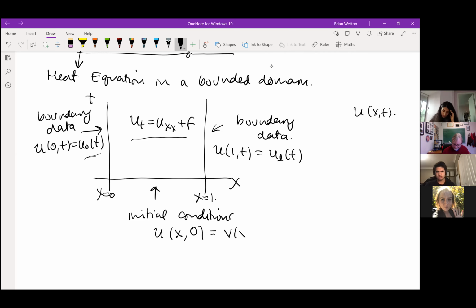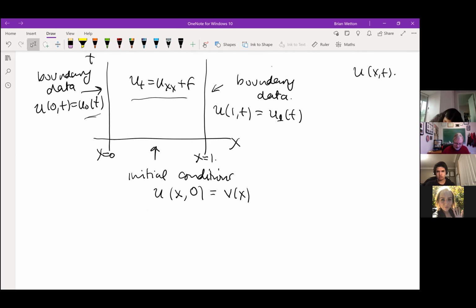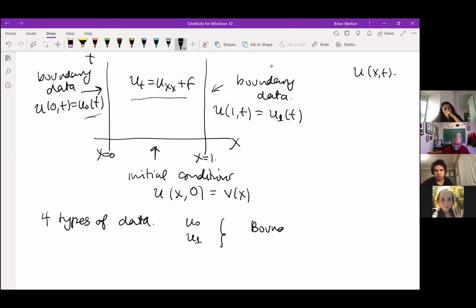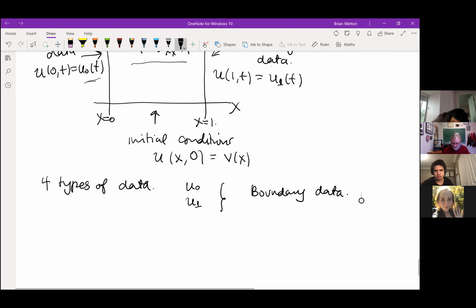V of X. So now I'm going to look at this problem and go, there are 4 types of data. Or 3, depending on how you like to count, right? There's the U0 and U1. Those are the boundary data. You could lump those together into just one type of data, or say that it's different at the 2 ends. There's the V of X, that's the initial data.